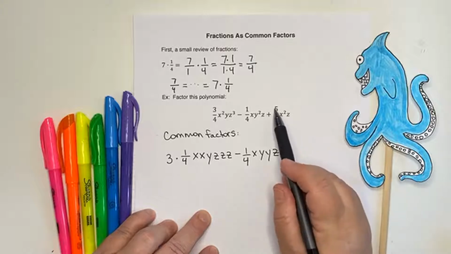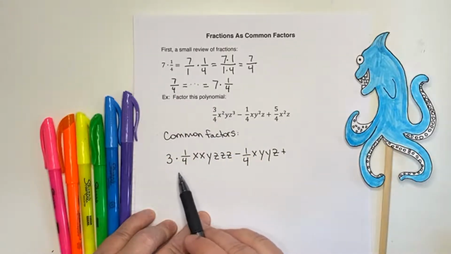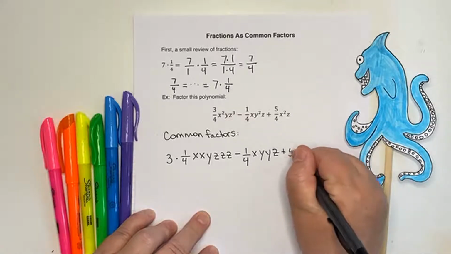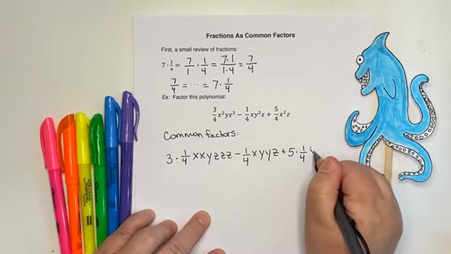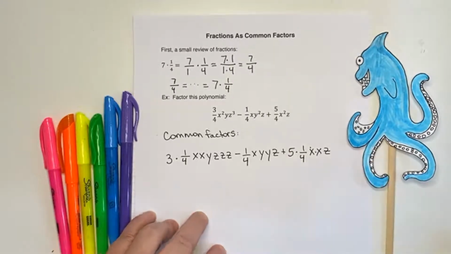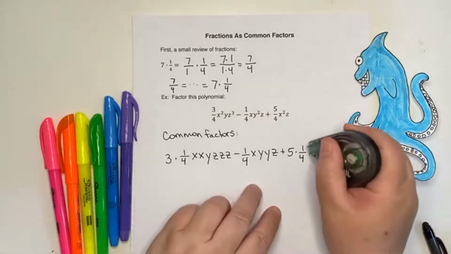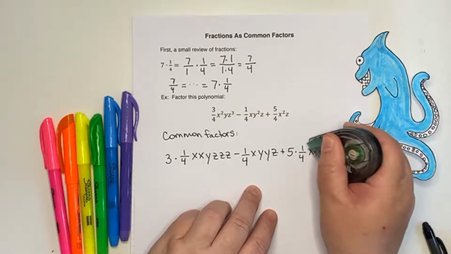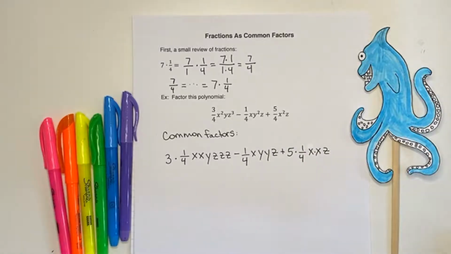Now here I've got 5/4, and just like I did with the first term, I'm going to split this up: 5 times 1/4, x, and z. I don't know why I wrote in the multiplication there. Sometimes it just comes out of me. My hand gets excited about writing multiplication, as I know many people do. Let me get rid of that little stray mark there.